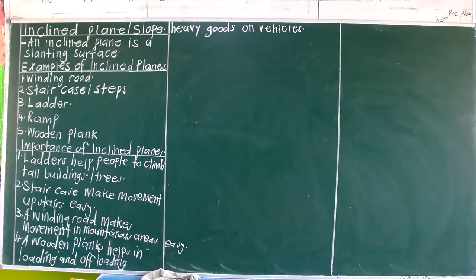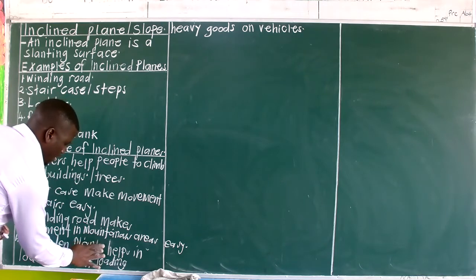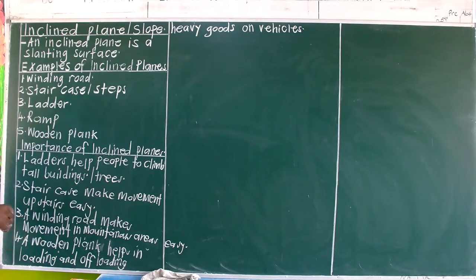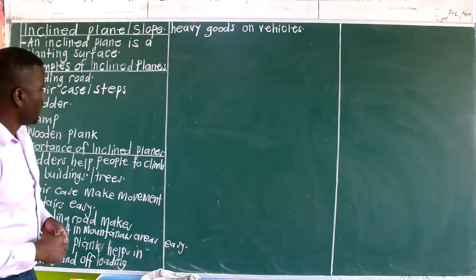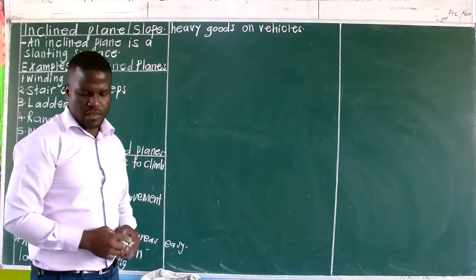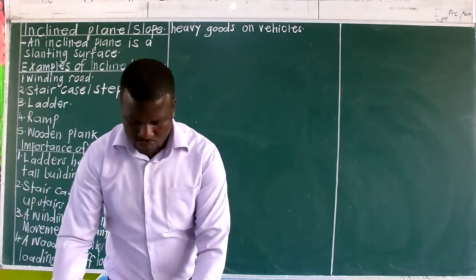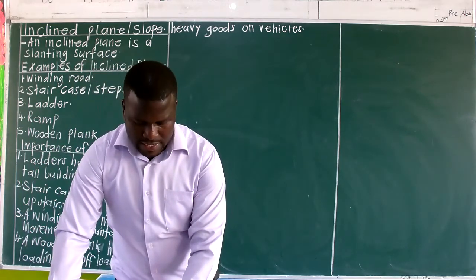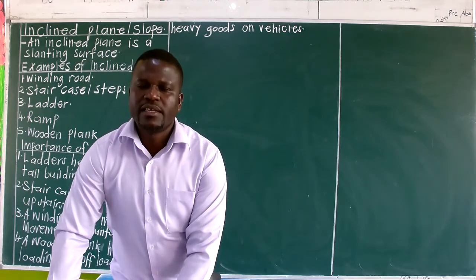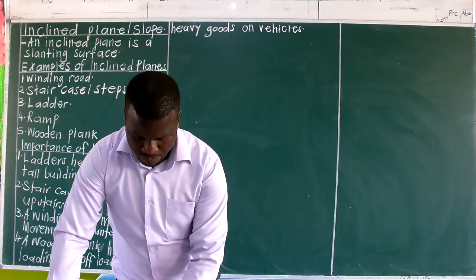A winding road makes movement in mountainous areas easy. Then lastly, a wooden plank helps in loading and offloading heavy goods on vehicles. So that's how an inclined plane is important in our daily life.